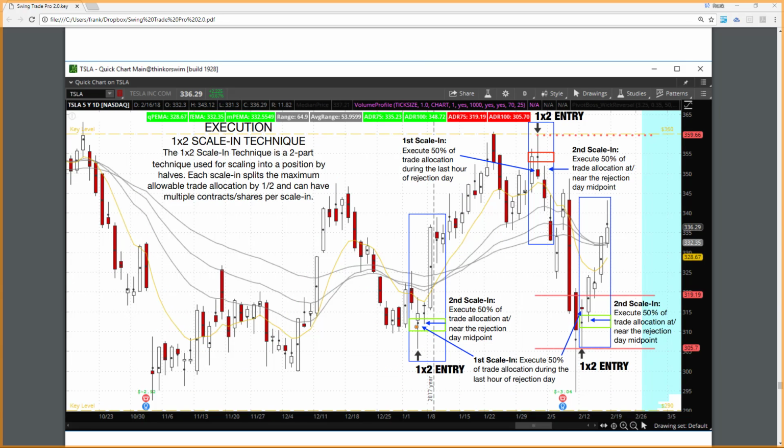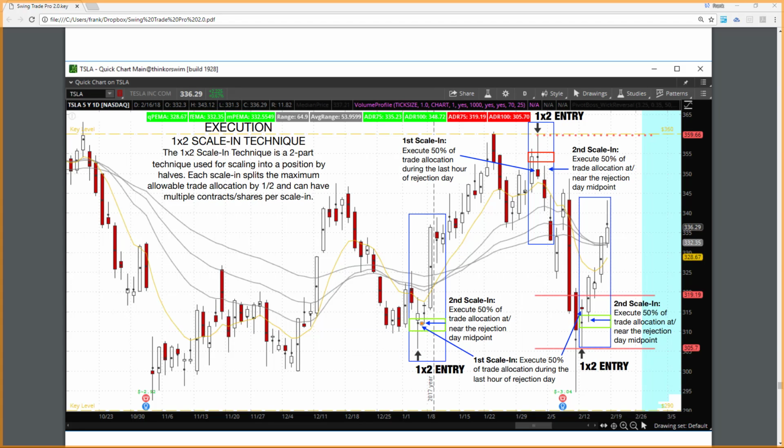And when you have a major rejection day like this here, at an edge where it takes out multiple day lows and then shoots back up, providing a signal, there's an opportunity to enter at the end of the day here. And there's also an opportunity to enter at the midpoint of the rejection day or the absorption zone in general.